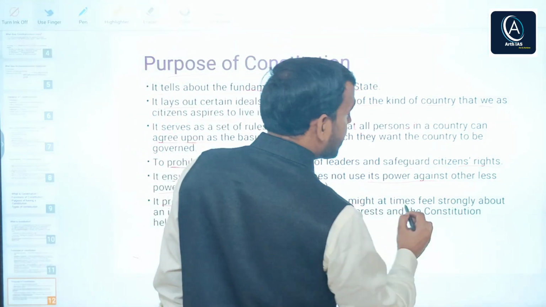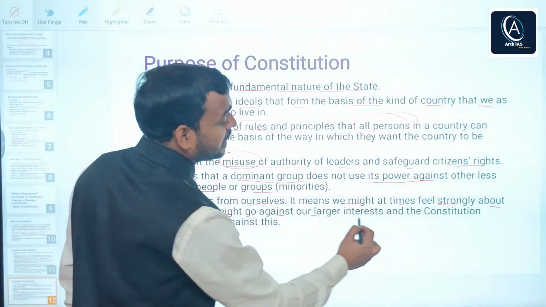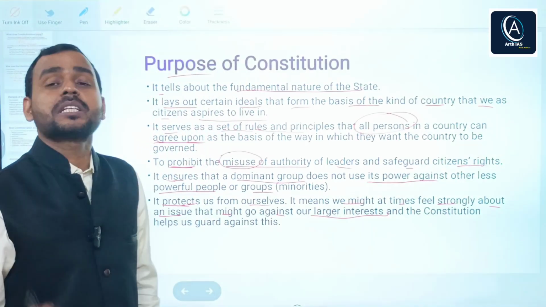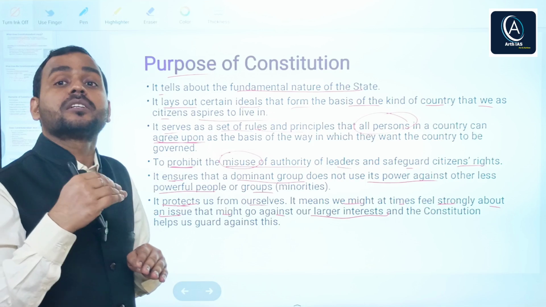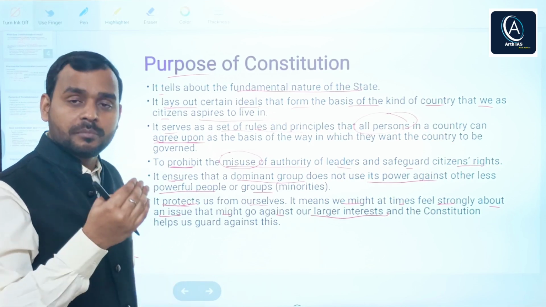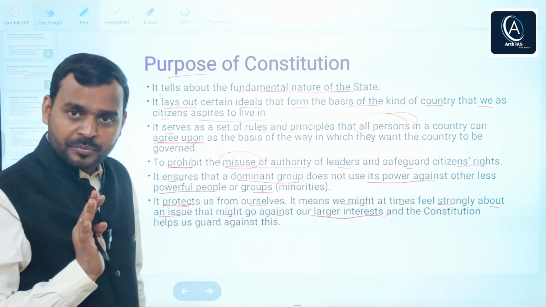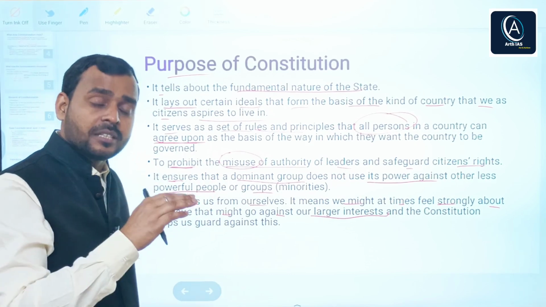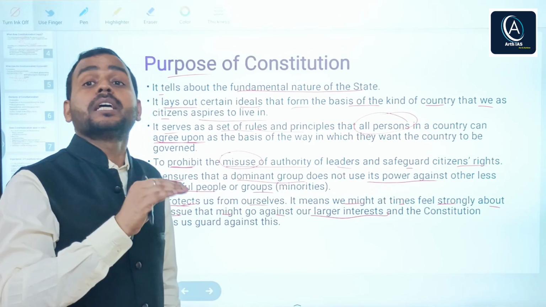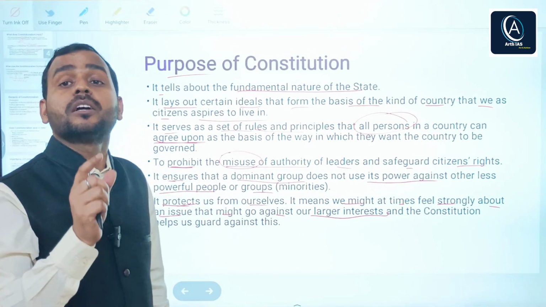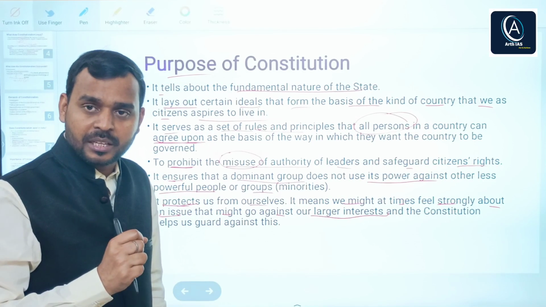It means we might at times feel strongly about an issue that might go against our larger interest. For example, a leader who has been elected as the head of government frames a law that violates the rights of minorities.